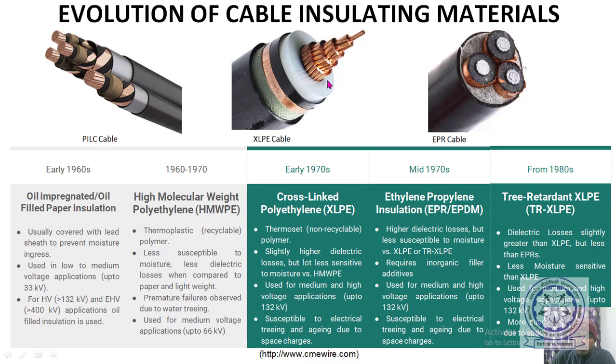Basically the base material is polyethylene, but it is cross-linked. This white portion is XLPE insulation. And then ethylene propylene rubber. This is EPR insulation. You can see here, just above the conductor, EPR is used. These are some types of cables shown here.